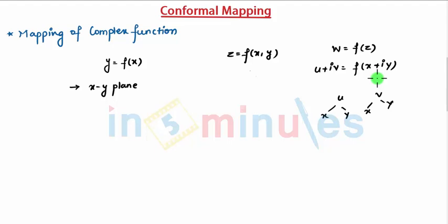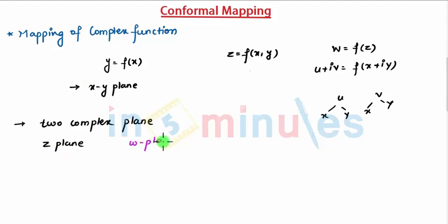Four-dimensional space is not practical. We can't have it. So for that reason, we take two complex planes. One is said to be the z plane and another the w plane.